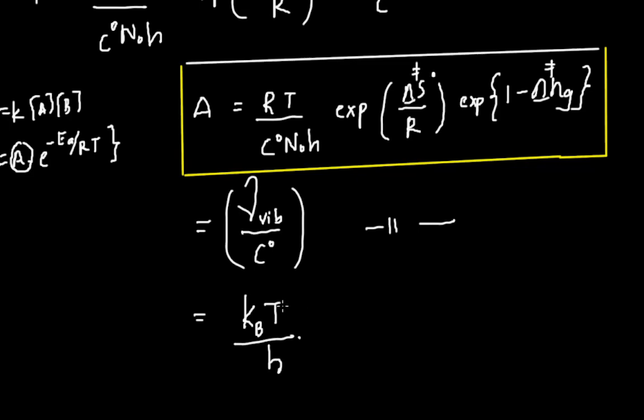Why? Because R by N naught is kB, if you remember that. So I'm just writing different terms. I'm not doing any magic. Whatever is there, I'm just putting. So you might get asked in any of these terms. You have to be thorough with the different expressions. That's all. There is just one thing only.